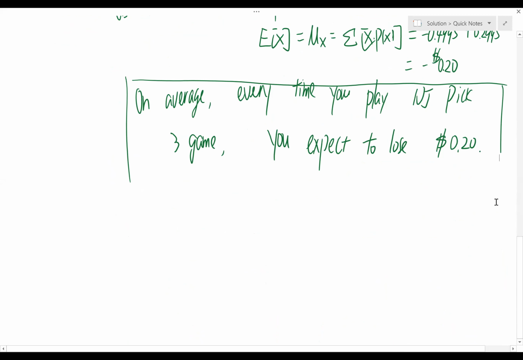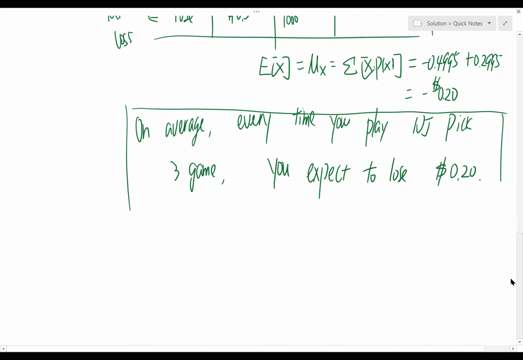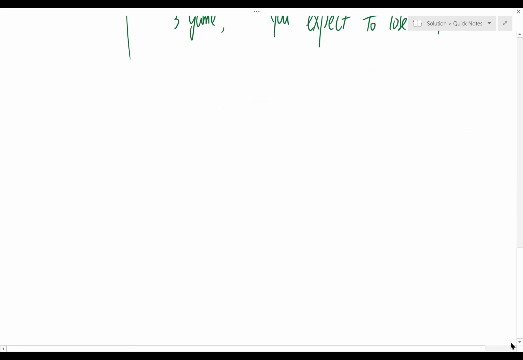And the last one I want to talk about in chapter 5 is called binomial probability distribution. So now let me give you a very simple example.